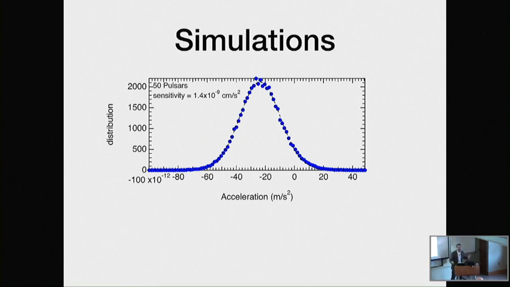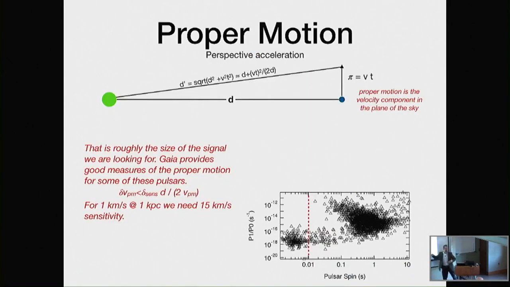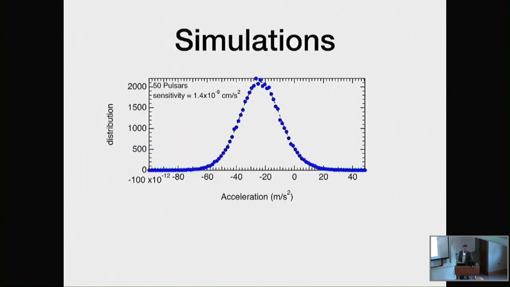So what I've done to date is to take all of these components and put them into a simulation, and I find that if I have 50 pulsars, with realistic parameters from the distribution of millisecond pulsars, I can reach 10 to the minus 9 centimeters per second squared, which is good enough to not just see the gravitational potential, but extract dark matter, to resolve the dark matter at the 10% level.